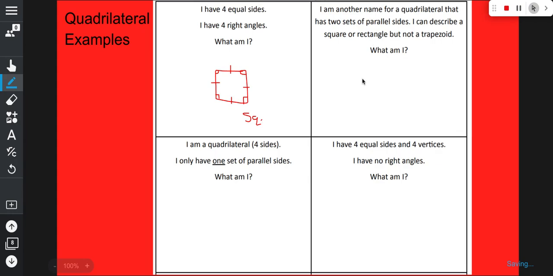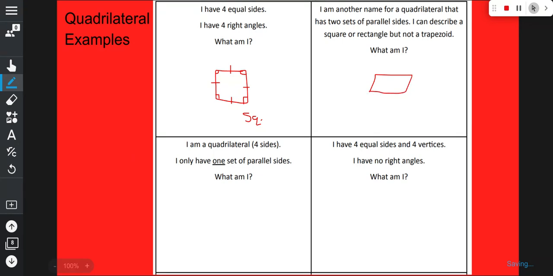The next one. I'm another name for a quadrilateral. So we can look at that quadrilateral chart that has 2 sets of parallel sides. I can describe a square or a rectangle, but not a trapezoid. What am I? So this could be 2 shapes.